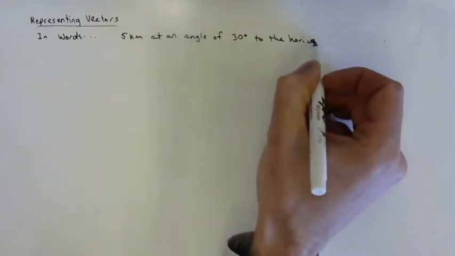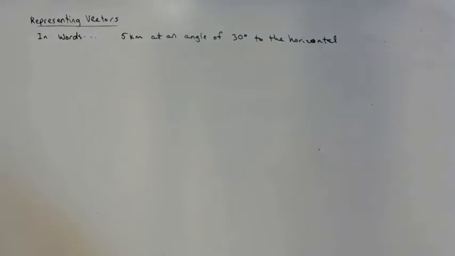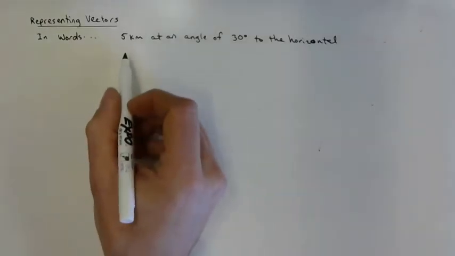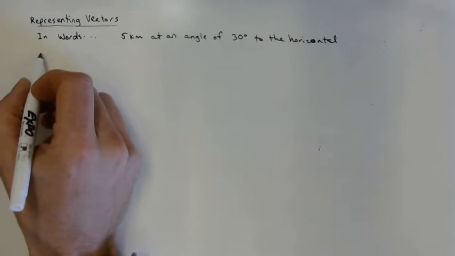So that comes from example 1. That was one of the things that we talked about. 30 degrees to the horizontal. Anyway, that's just how you would write it in words. There's also a diagram that you can use.